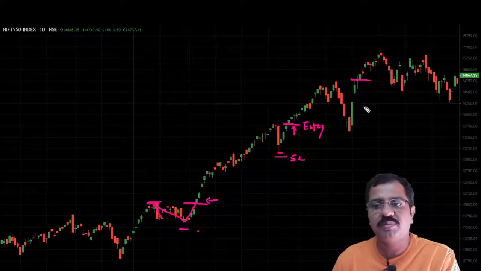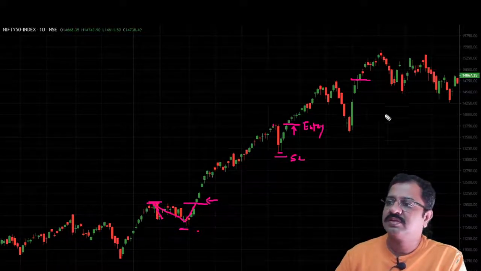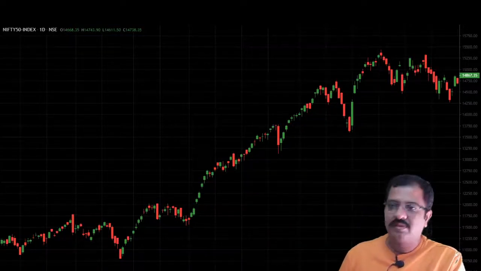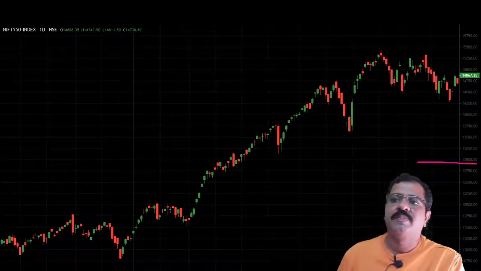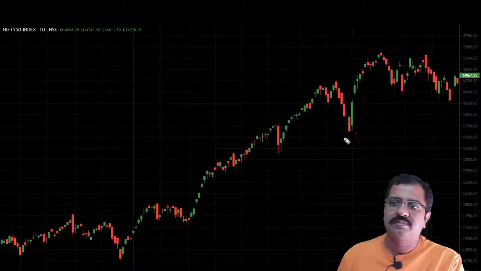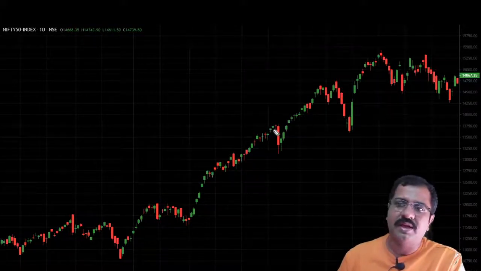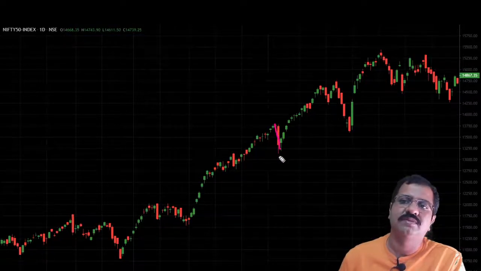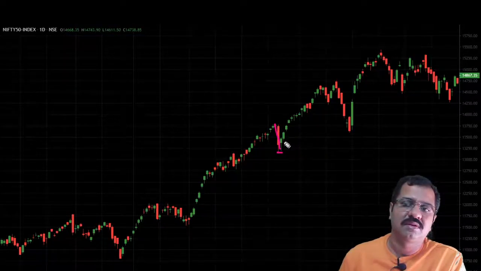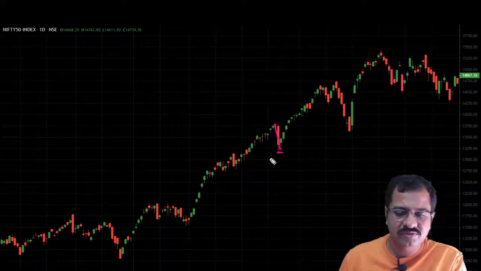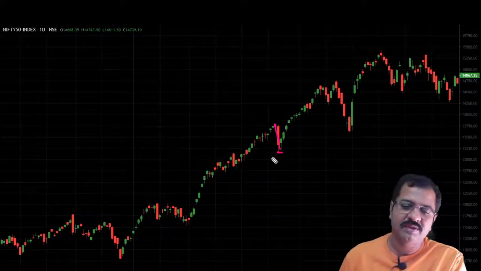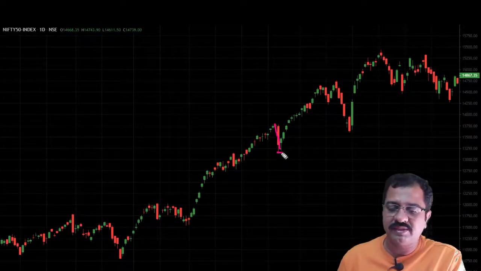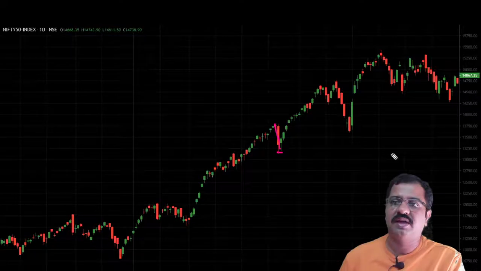How do you trade pullbacks? Say Nifty is going up and here it comes down, right? So you can use some reference points like moving averages or trend lines. You can draw a trend line.